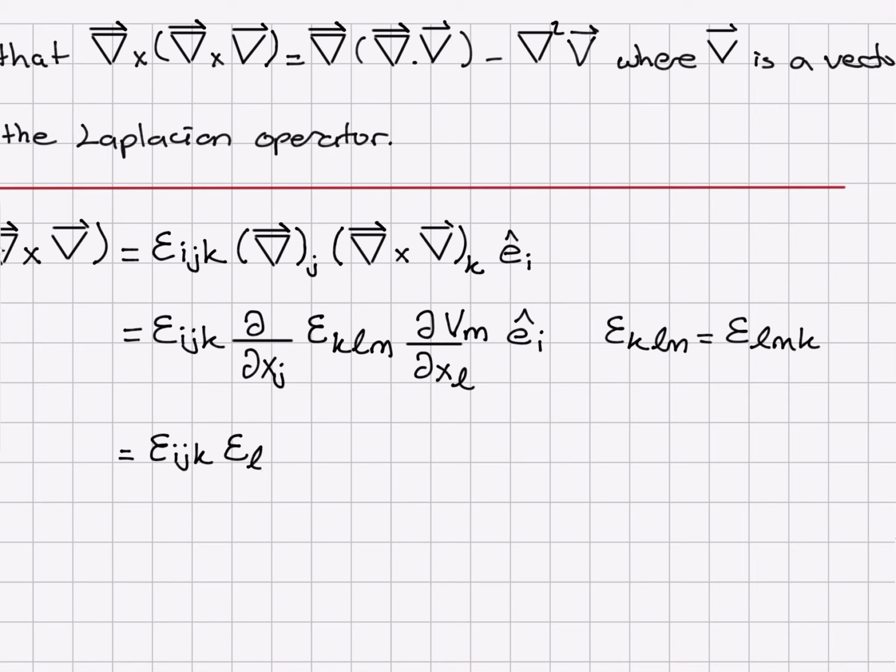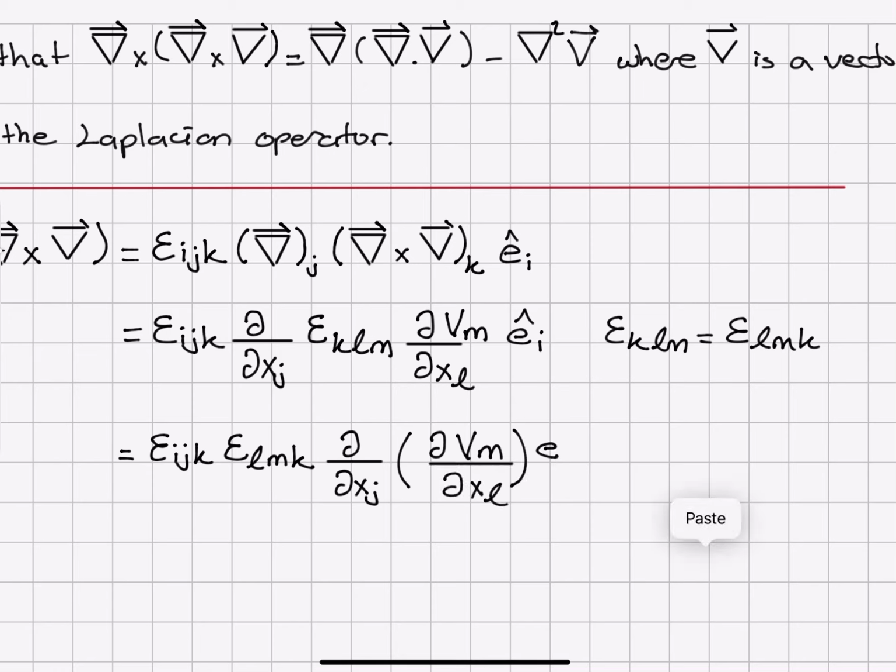And why am I doing this? I want to use the Levi-Civita identity. In order to be able to use that, I have to have the common index in the same position in the subscript. Okay, and then I have del xj, and I have del xl of Vm, ei hat.